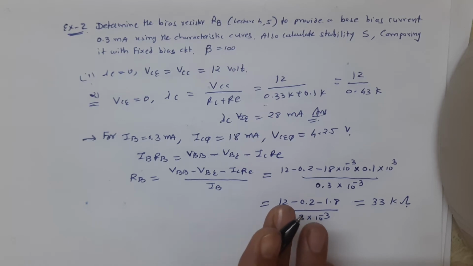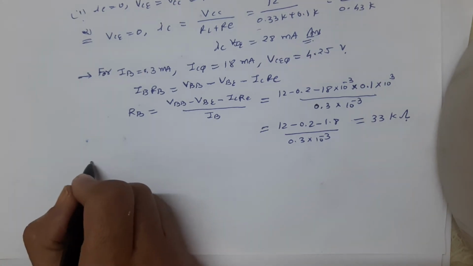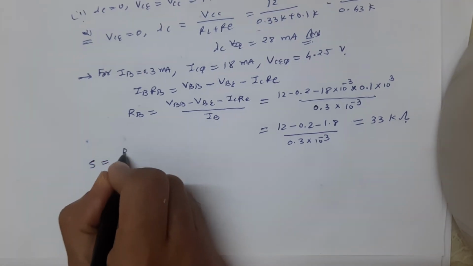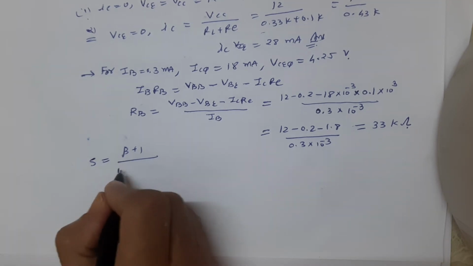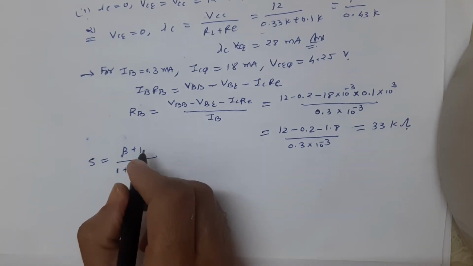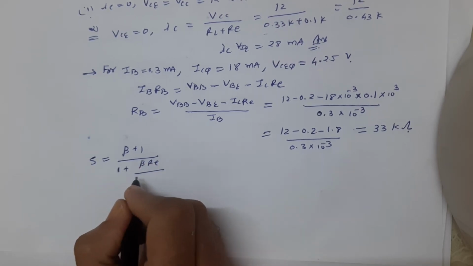Now calculate the stability factor. To calculate the stability factor, S is equal to (beta plus 1) upon (1 plus beta RE upon (RE plus RB)).